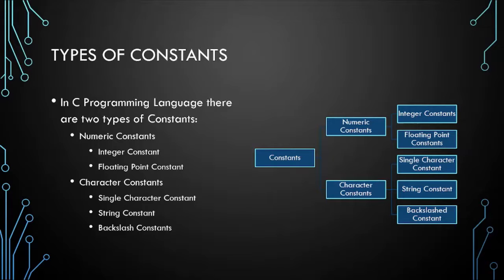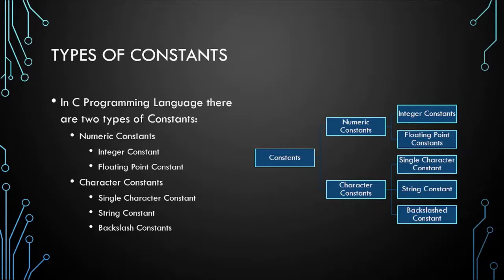In character constants, you have single character constant, string character constant, and backslash constants. Single character constants, as the name suggests, are enclosed in single quotes. So this has only one character, like A, which is enclosed in single quotes, Z, that is enclosed in single quotes.